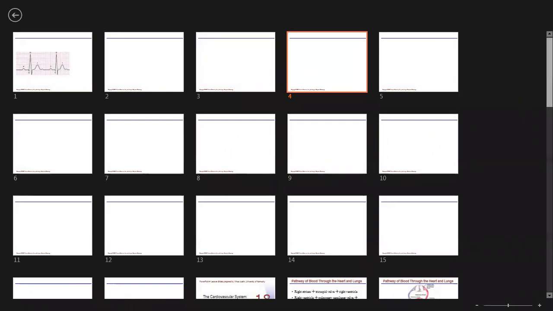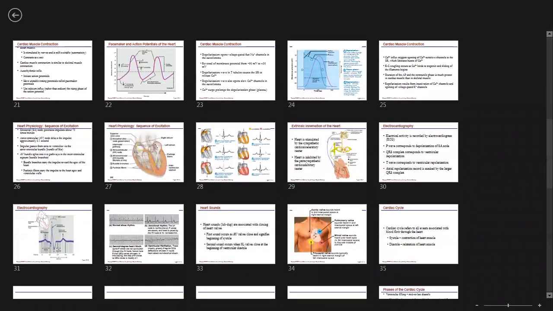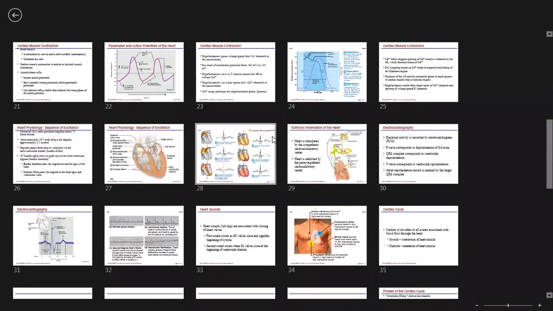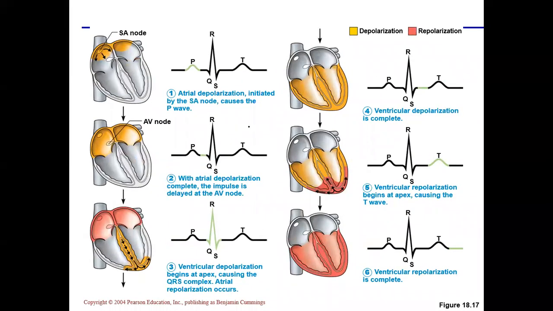Sometimes it's also known as an EKG. These are the events that you are responsible for to know in terms of electrocardiography, or ECG, and you need to know what these waves are for and how you label them.